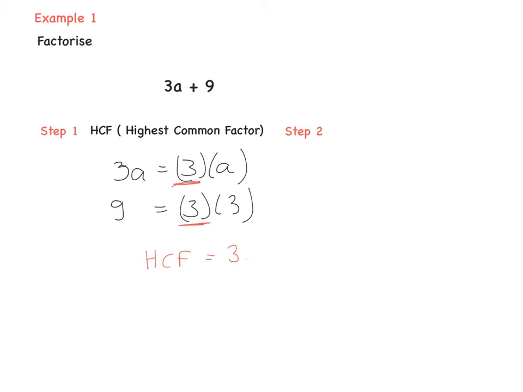Step 2 is to find the bracket and the number in front of the bracket. The number, or the term, in front of the bracket is always the highest common factor. If we have it, we are halfway there. So we have 3 in front of the bracket, and when we multiply 3 by every single term in the bracket, we need to get our 3a plus 9.